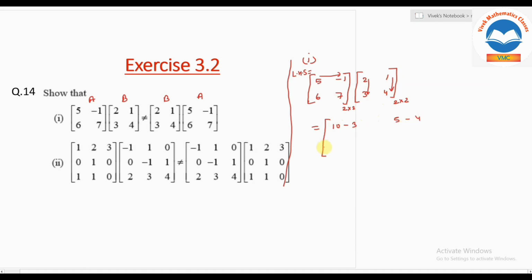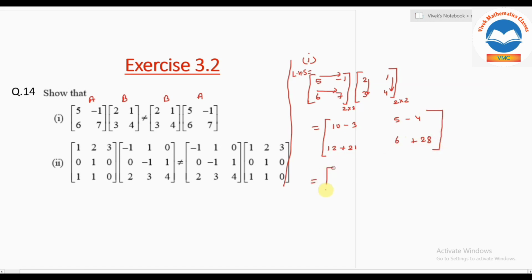Next, second row and first column: 6 into 2 is 12, plus 7 into 3 is 21. And next, second row, second column: 6 into 1 is 6, and plus 7 into 4 is 28.